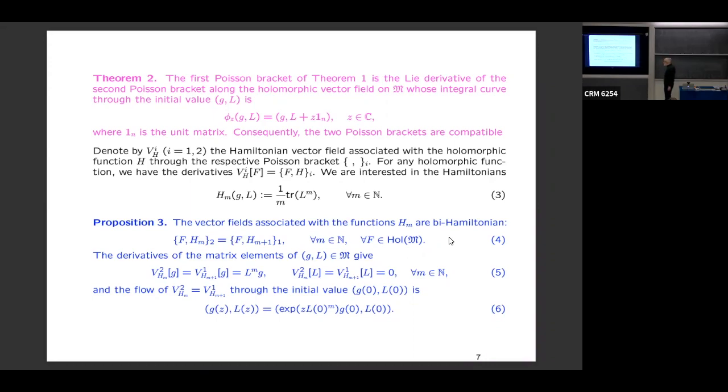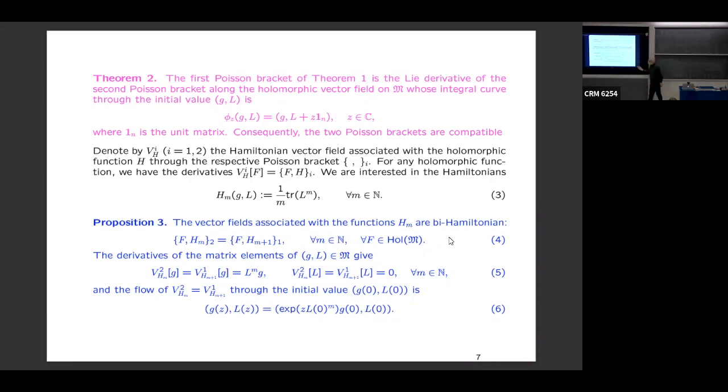And now on this phase space, there's a natural family of functions, namely L is basically viewed as a kind of Lax matrix, and we take just the trace of various powers. They are not independent because L is just an n by n matrix. The fact is that, if you consider such a function, to a function you associate the vectors with the Poisson bracket, or two vectors with the two Poisson brackets.